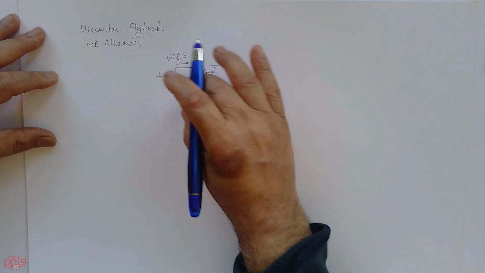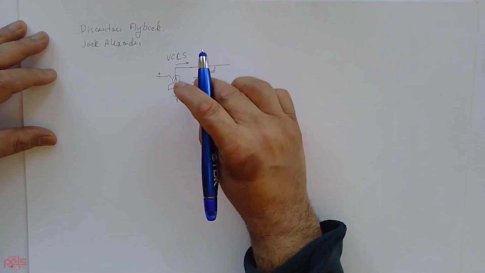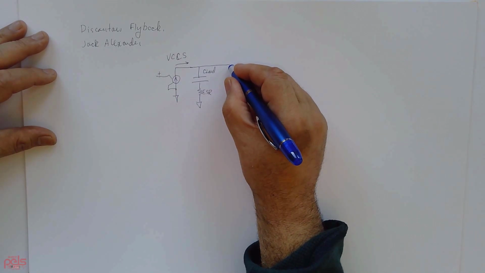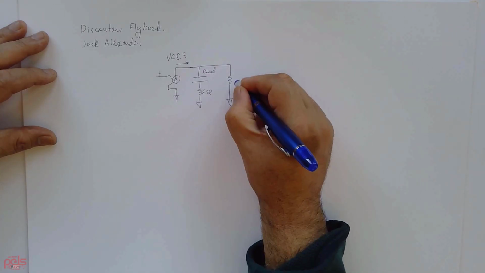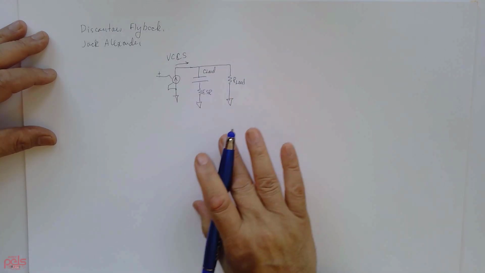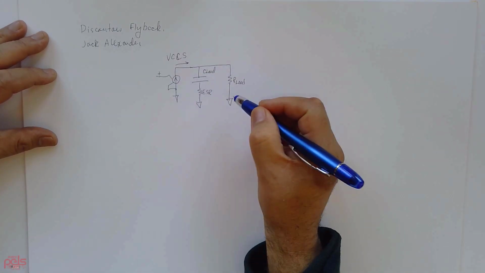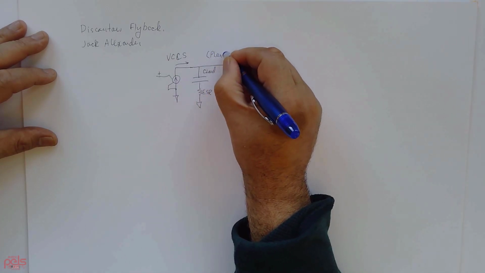You can have a series of these, but to make the modeling simpler, we'll just go with one capacitor. And then you have your load. So this is basically your output filter, but sometimes they call it the plant.